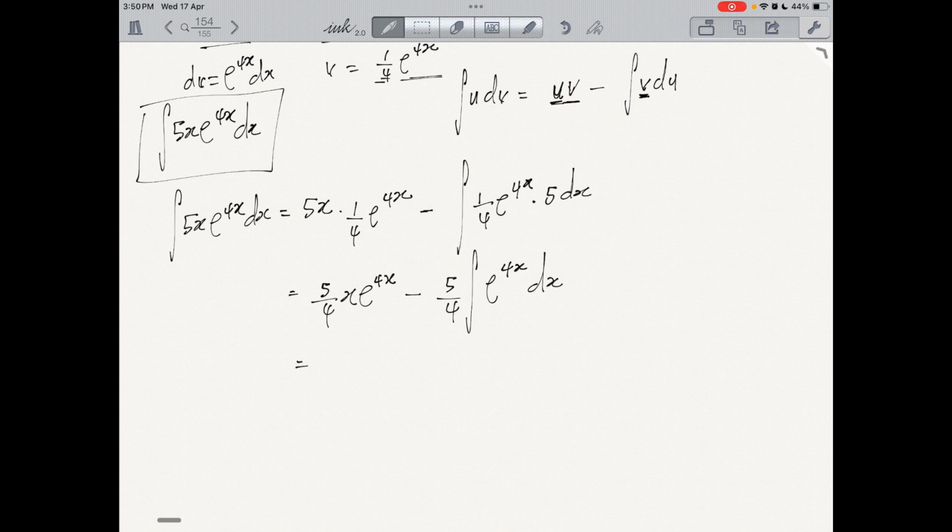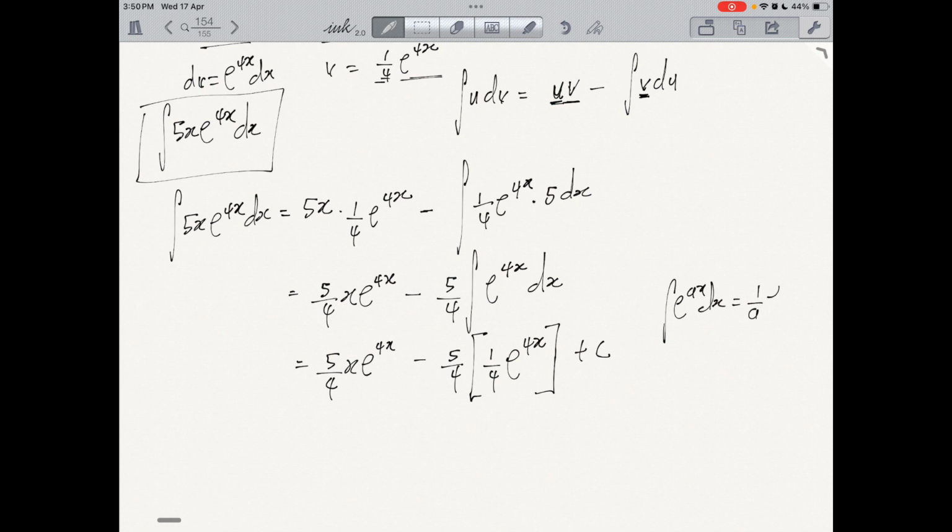And integrating exponential 4x dx, we would have 1 over 4 exponential 4x plus c, because integrating exponential ax with respect to x will give 1 over a exponential ax plus c.